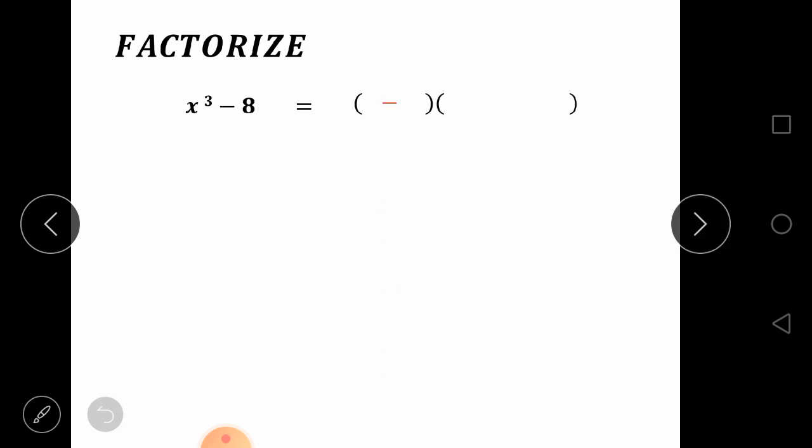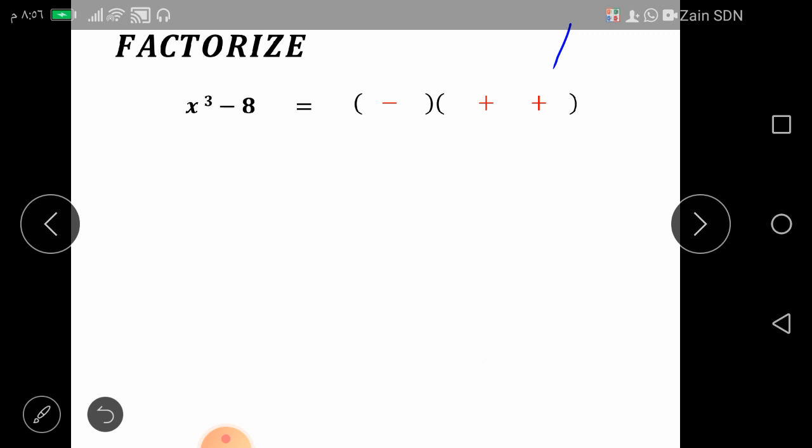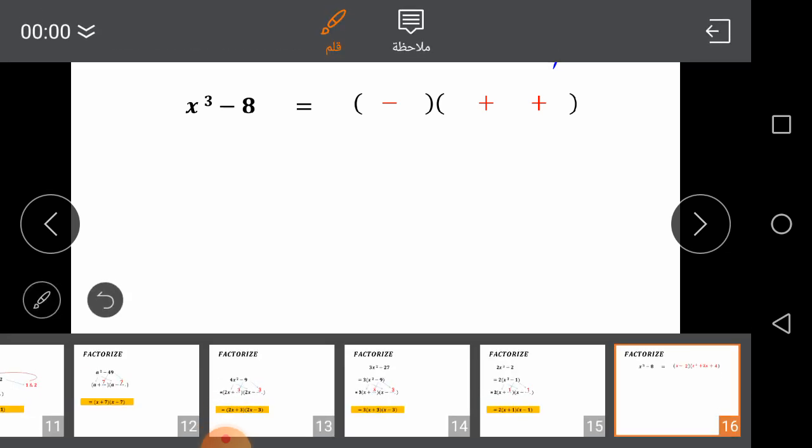Now let's go to the next example, which is a difference between two cubes. And this is very easy because you just open two brackets. One is smaller and the other is longer. You start by putting the signs so as not to be confused. The signs are negative, positive, and positive. Remember, this is always positive. This is always positive.